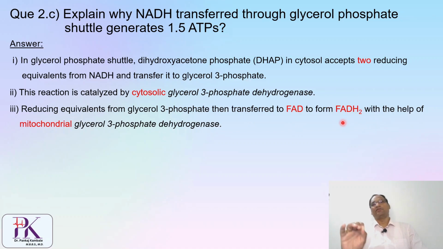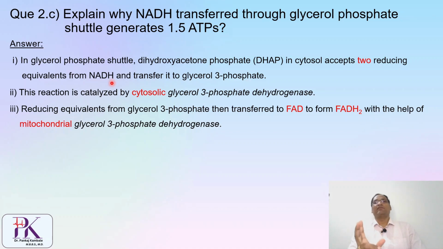Now FADH2 has the reducing equivalents, and FADH2 will be channeled through the electron transport chain, not through NADH. In the malate aspartate shuttle, NADH itself gets regenerated inside the mitochondria, but here there is no regeneration of NADH.